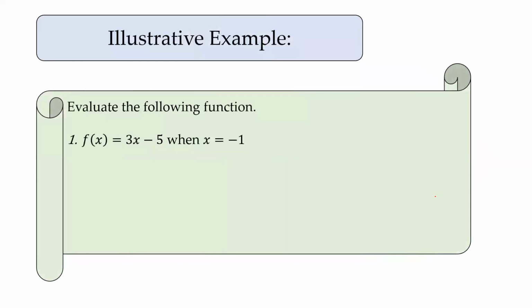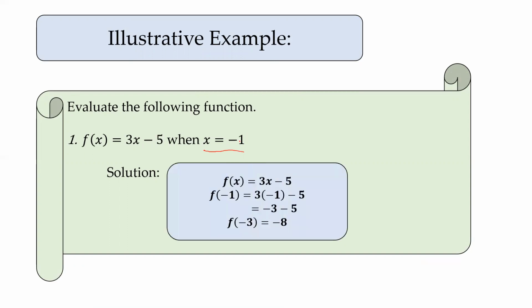Let's have an example. Evaluate the following function. First, f of x is equal to 3x minus 5 when x is equal to -1. Our replacement value is x is equal to -1.